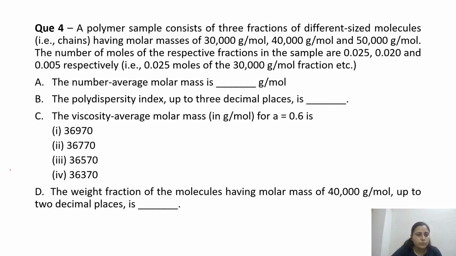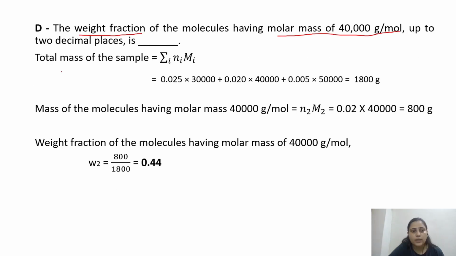So now let's move to its subsection D, which asks to calculate the weight fraction of the molecules having molar mass of 40,000 gram per mole. We have already the molar mass value. So we know that the weight fraction of anything is the weight of that particular species divided by the total weight.